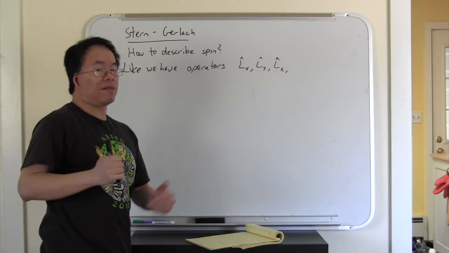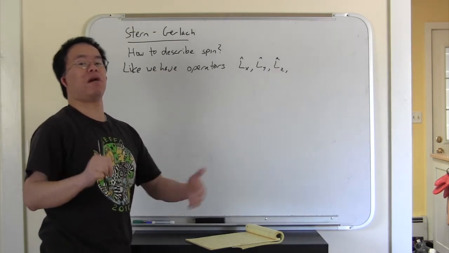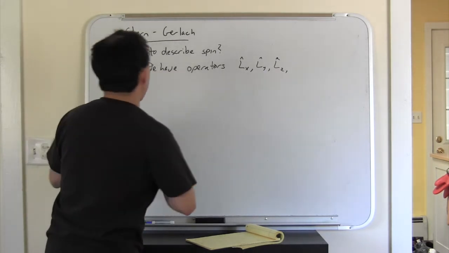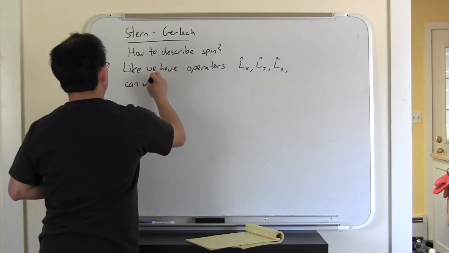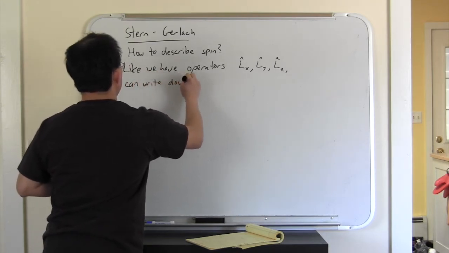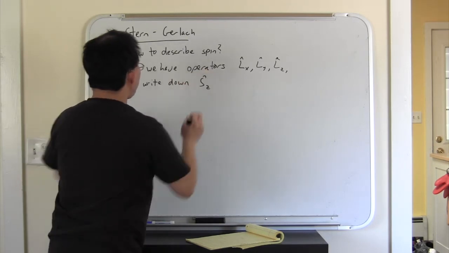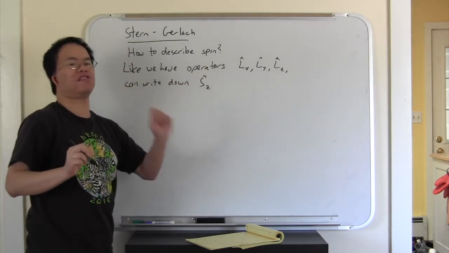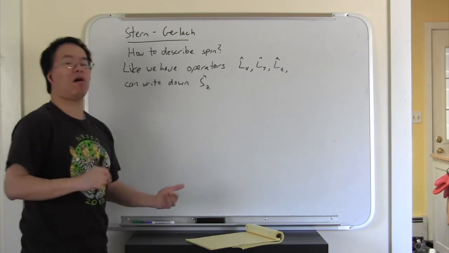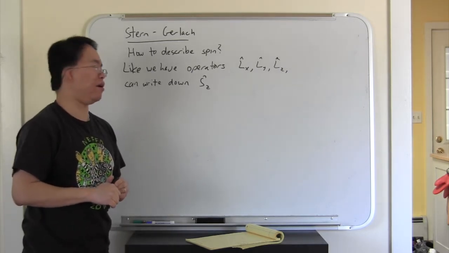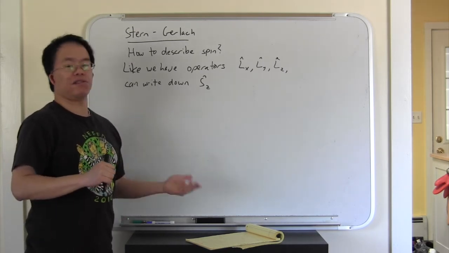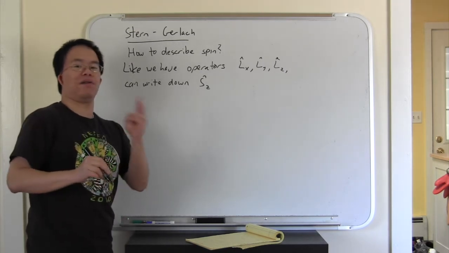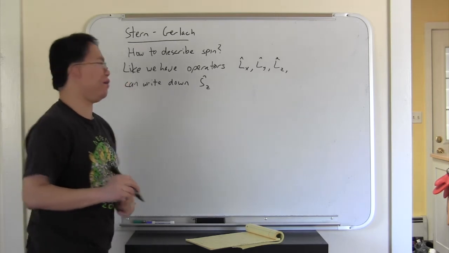We can write down, it turns out, an operator that describes the electron spin. I'll just focus on Sz for now, since that's the one that matters for talking about this Stern-Gerlach experiment. So there's some operator, and it turns out there are exactly two eigenvalues.